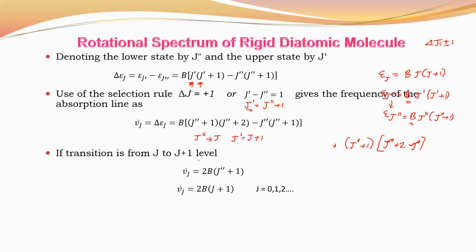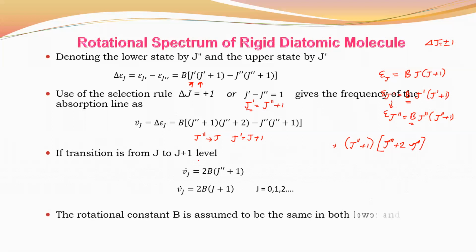So if a transition is taking place from a level J to the adjacent level J plus 1, the frequency line corresponding to that transition must be equal to 2B into J plus 1, where J is equal to 0, 1, 2, 3, etc. Here we also mention that the rotational constant B is assumed to be the same for both lower and upper rotational states.